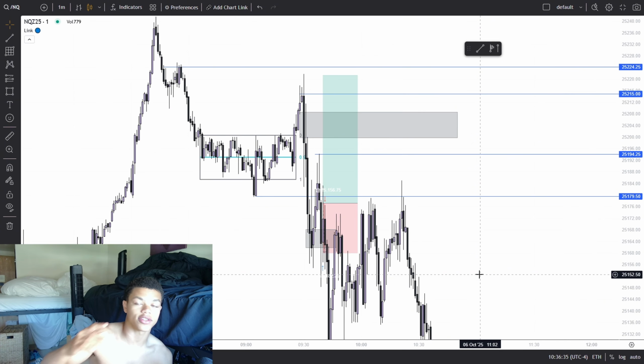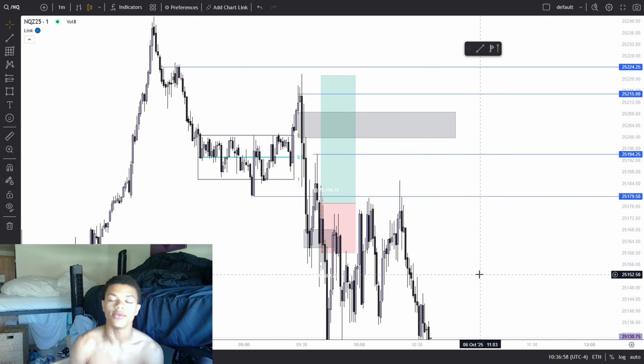If you're watching someone and they're not showing you their losses, I can guarantee you that they're not being actually transparent with you, because losses are a part of trading. I mean, you see TJR losing, and he's one of the best traders in the space. I seen ICT lose, and he's one of the best traders in the space. Every profitable trader will lose, and that's just the truth.